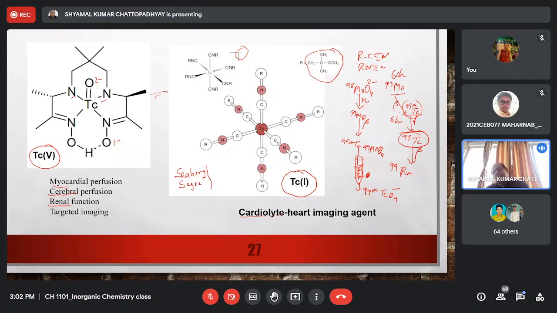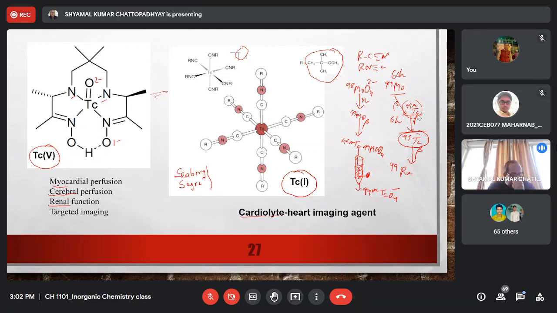So it has got a twin meaning. You can say technetium-99m means technetium-99 man-made isotope, and this man-made isotope is actually a nuclear isomer of the more stable isotope technetium-99. In that sense, it is a metastable isotope. Is it okay? Yes, sir, understood.